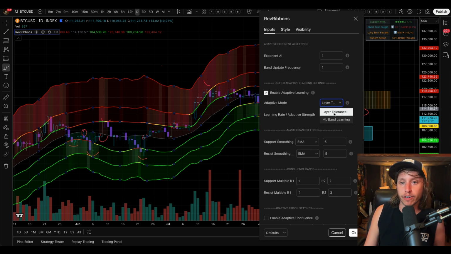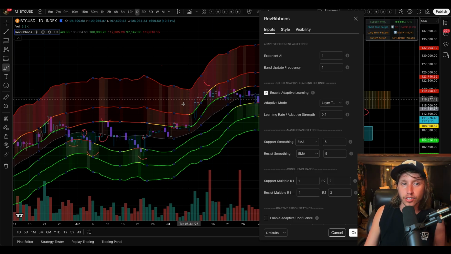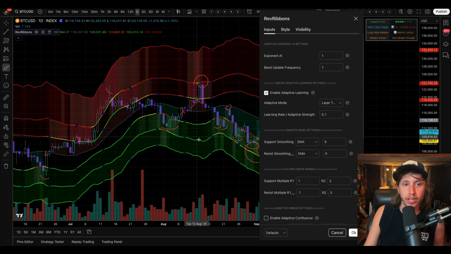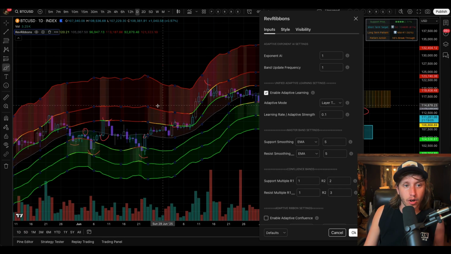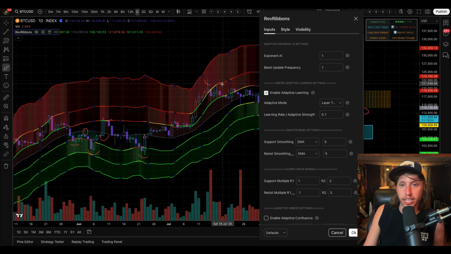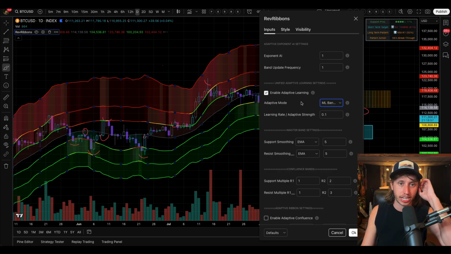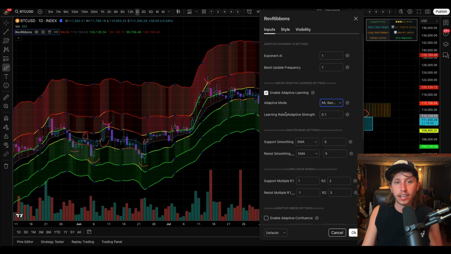You have 2 different styles of adaptive learning. One is layer tolerance, where the bands get very smooth. It messes with the smoothing, the AI and the smoothing. Then there's the ML learning, the machine learning, and this is just straight interaction with the bands, and it'll be a little more choppy.